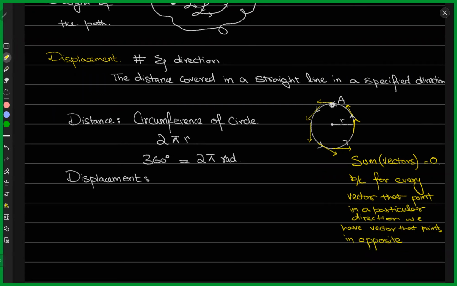So when you add these two types of vectors, you will get 0. Because we have this for every vector, in total, all the vectors would give you 0.